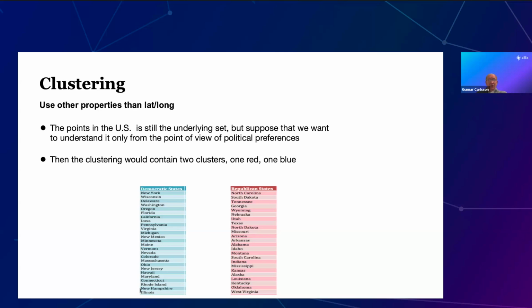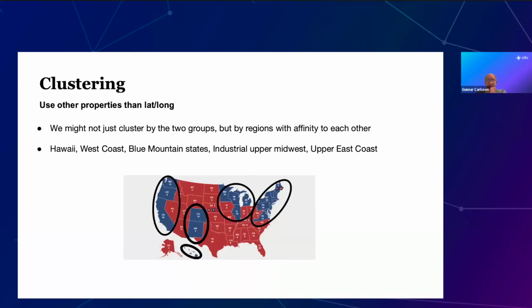But what might be more informative is to use latitude and longitude as well as political preferences. And so what happens then is you get this kind of picture. You can see here that we're not just going to cluster with two groups, but we're going to get regions with political affinity to each other.